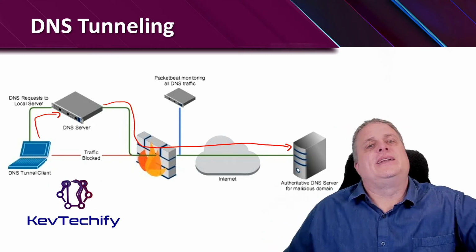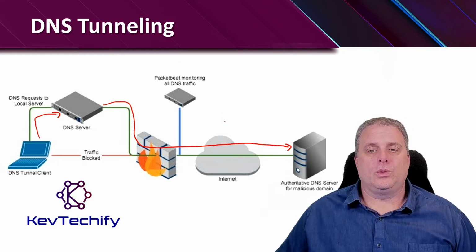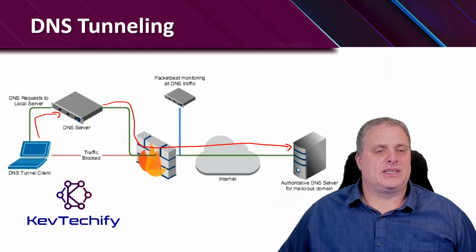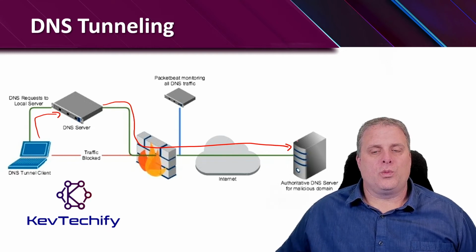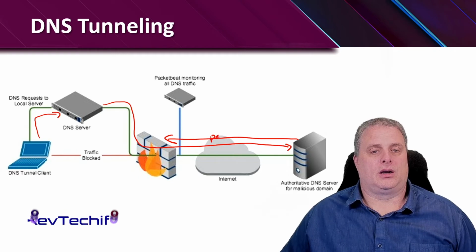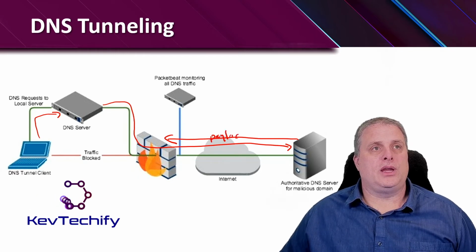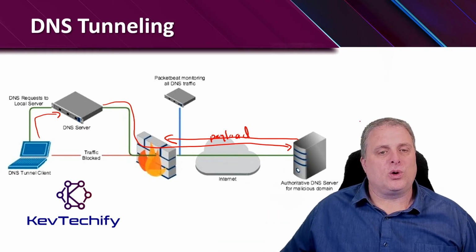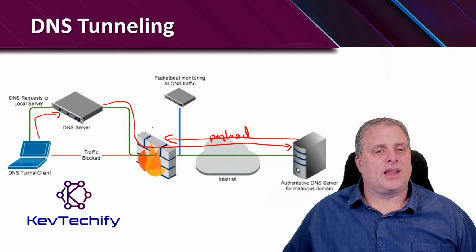We could work this in a reverse route, where when the DNS client requests this DNS information, when we send back the response, we could put a payload in there. And that would be, once again, one of these command datas broken up into an encoded chunk. We could send that payload back into the system. The client would get that.